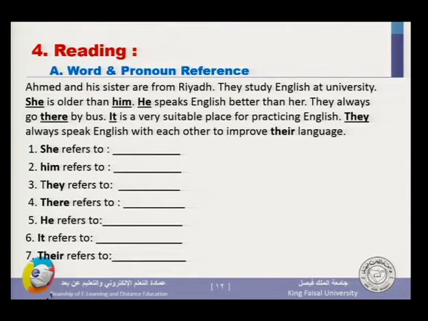And we have other examples. Word and pronoun reference. For example, Ahmed and his sister are from Riyadh. They refers to whom? To Ahmed and his sister. You might be asked about they. They study English at university. She is older than him. She refers to whom? To Ahmed's sister. At the beginning, I mentioned Ahmed and his sister.